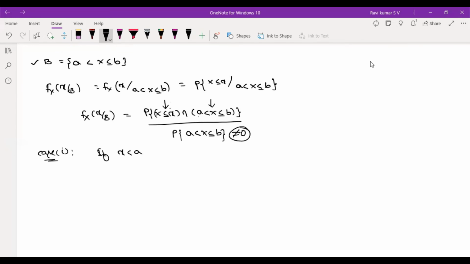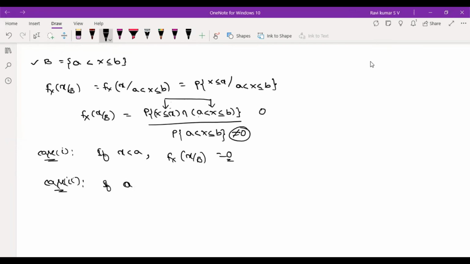So you can take these two events as mutually exclusive, and the probability of the intersection of mutually exclusive events is always 0. So F_X(x | B) is considered to be 0 only. And now I am taking the other case, case 2.